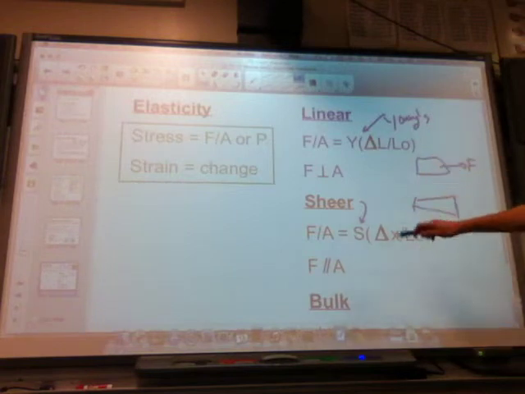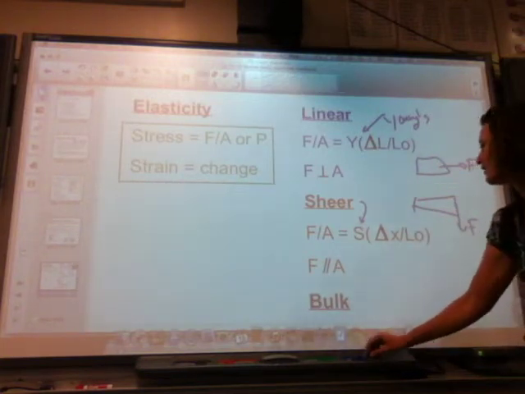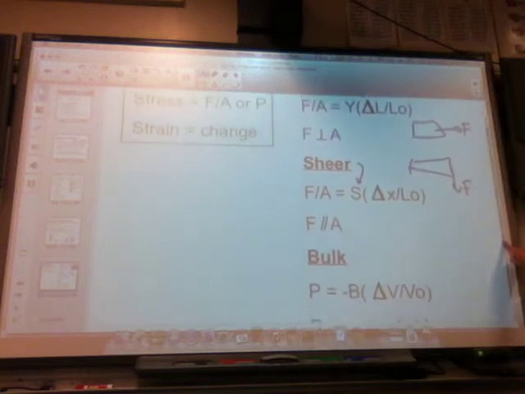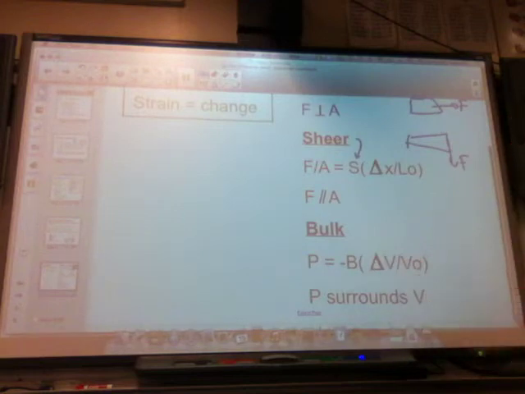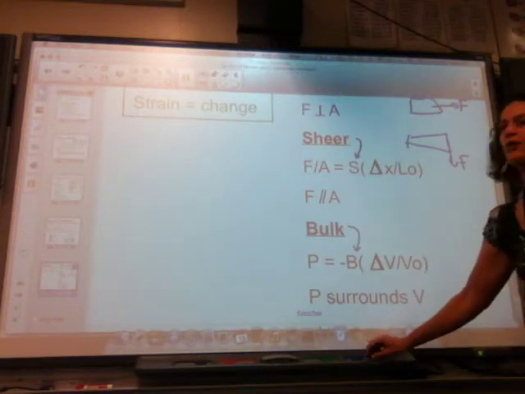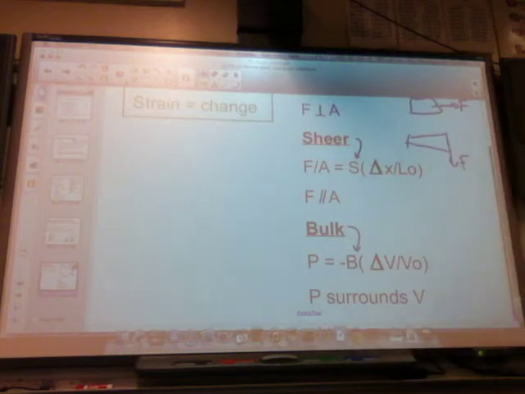It's the same equation, F over A equals S delta X over L naught. And then for bulk, it's just pressure, so this is the bulk modulus. There's not really a picture to draw. It's pretty obvious when it's bulk because it's like a balloon or a box or something that's getting squished all the way around. And P totally surrounds it.